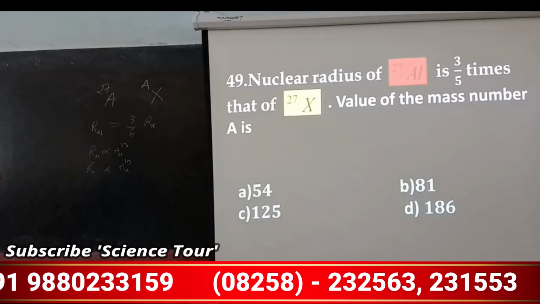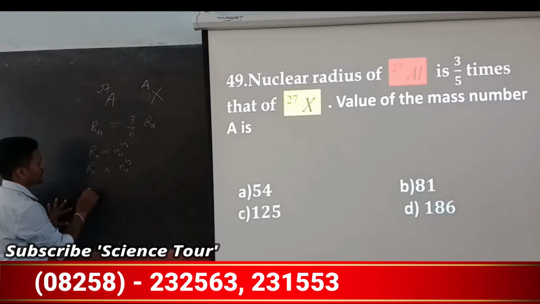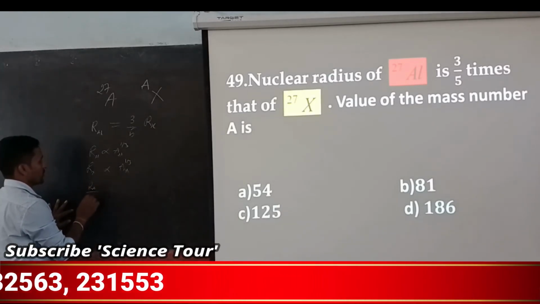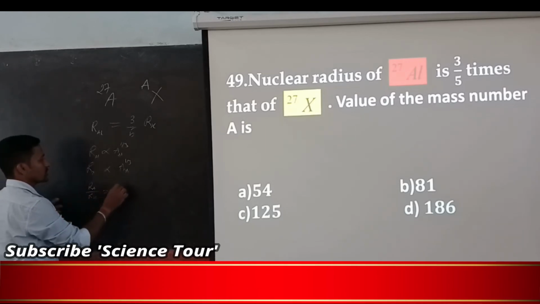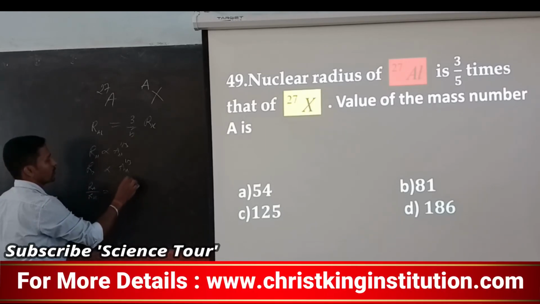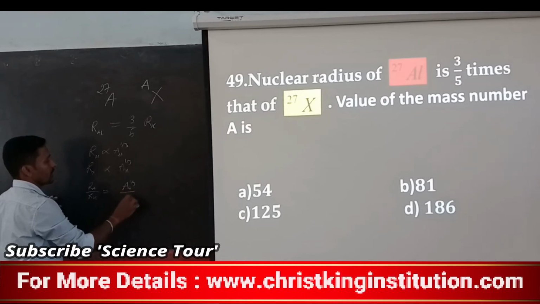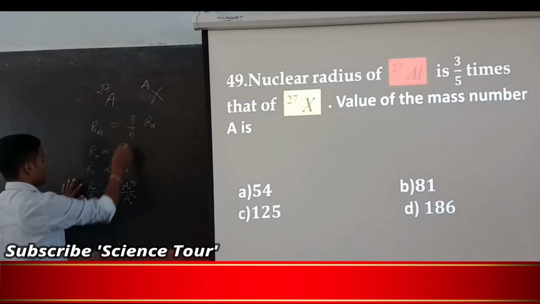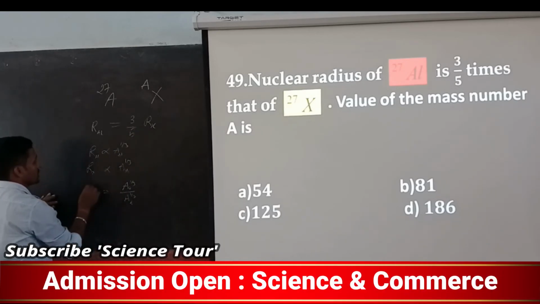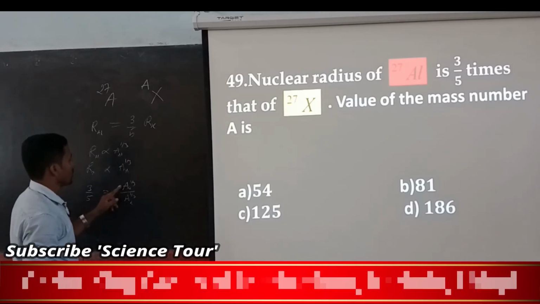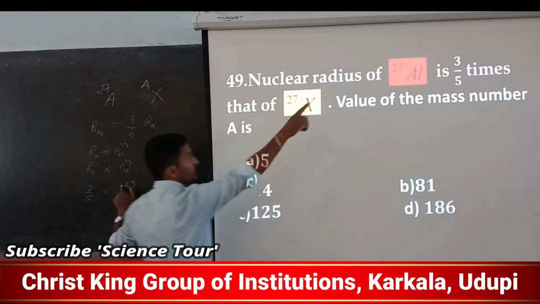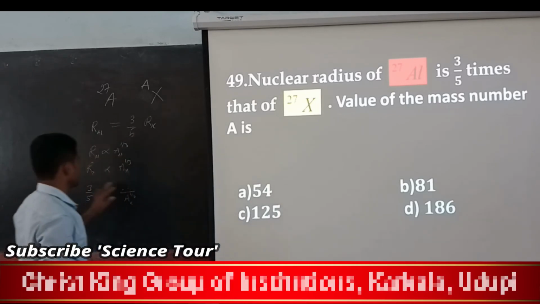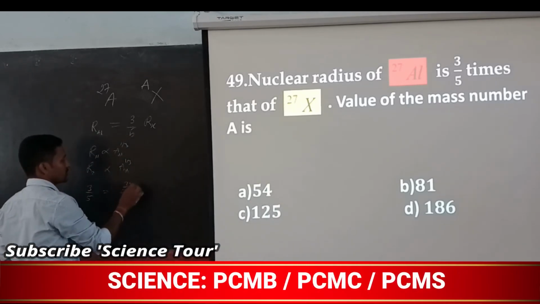So we will do the dividing. R aluminium divided by R_X is equal to A aluminium^(1/3) divided by A_X^(1/3). R aluminium is 3/5 R_X, so R_X cancels. For aluminium, we know 27 to the power 1/3.